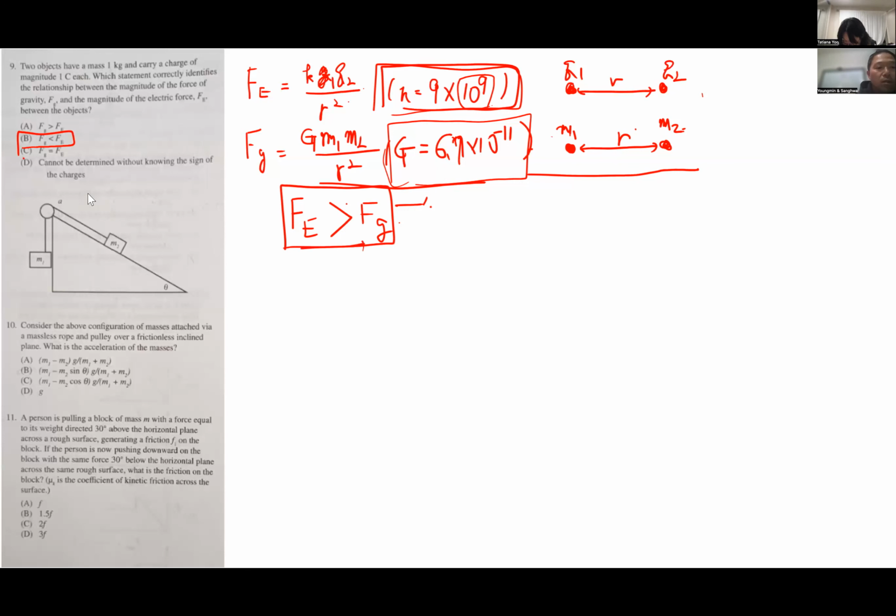And the next one. Consider the above configuration of masses attached via a massless rope and a pulley over a frictionless inclined plane. What is the acceleration of the masses? The easiest way is to select the answer by the process of elimination. Do you know the definition of the process of elimination? Like cancel out the variables.